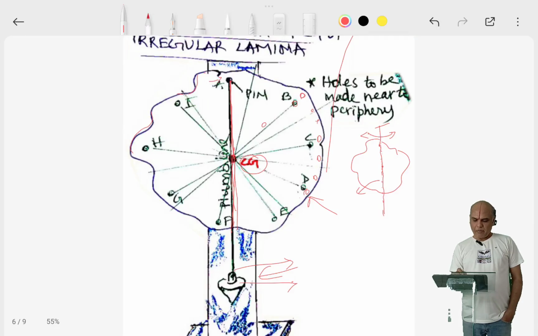Then hang a plumb line using the same peg, and draw the vertical line along the string of the plumb line. Then hang the lamina with the next hole, repeat the experiment, and draw the line along the vertical string. When you complete all the holes, you will get a series of lines that intersect at one point, which will be the center of gravity of this lamina.